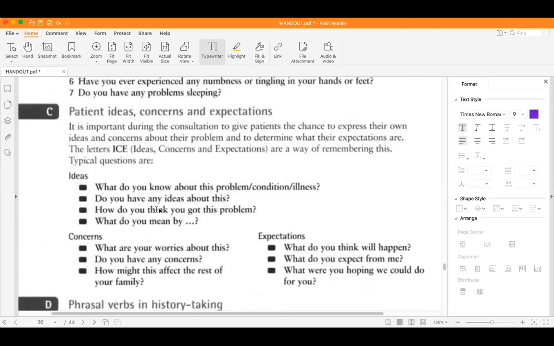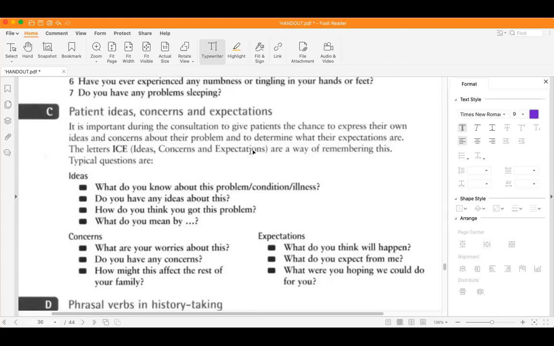The next part is the patient's ideas, concerns, and expectations, which is abbreviated as ICE. In order to make the patient feel that all his expectations are met and that he is satisfied, the doctor should ask about the ideas, the concerns, and the expectations.